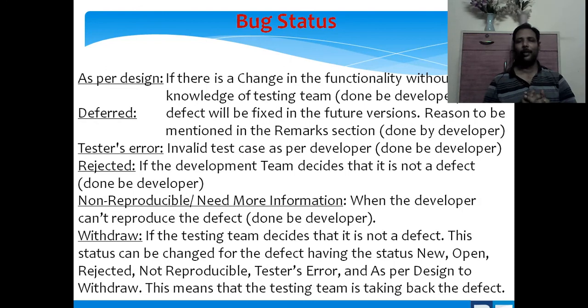The development lead has to keep it as deferred, because they will have better knowledge of the importance and the priority. Priority is decided by them. So this status is always done by the development department.